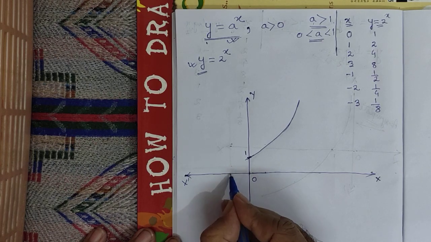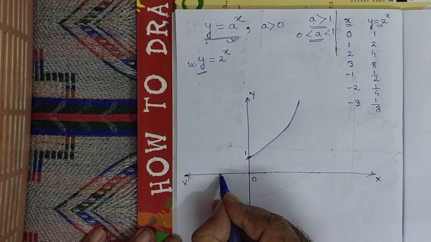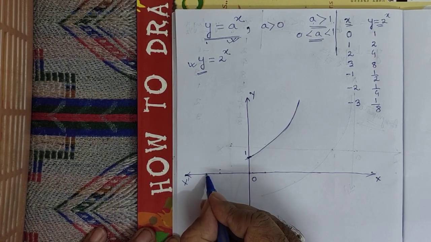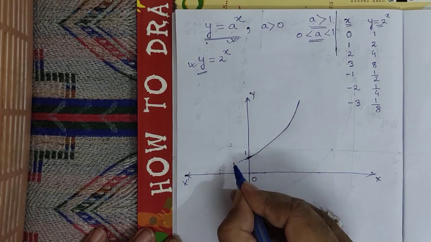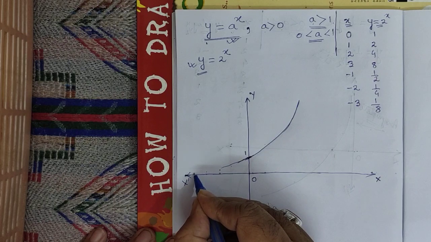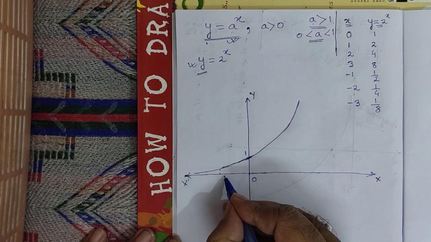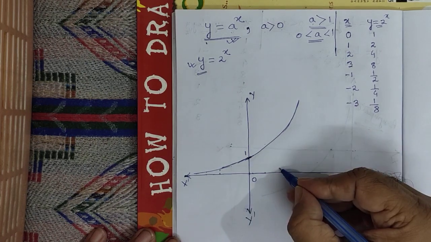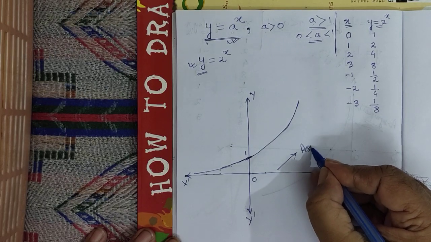You go in the left direction, the next value is lesser. Minus 3, you come yet closer to the x-axis. So this way, the graph takes this trend. Here the graph is approaching the x-axis. However, it will never touch the x-axis. So in this case also, the x-axis becomes the asymptote.